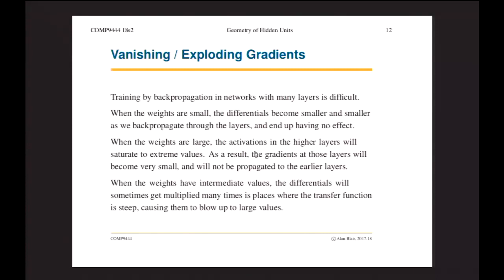So why did it fail? Well, it failed because of this problem that we refer to as vanishing or exploding gradients. If you have a network with a lot of layers and you're trying to train it by backpropagation, two things could happen. First, the problem of vanishing gradients.